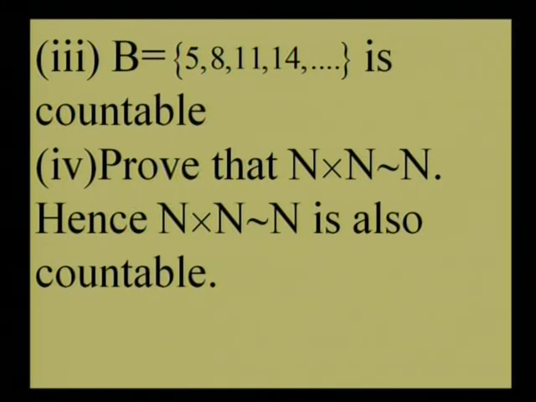5, 8, 11, 14, that I leave it to you, because you can see easily that the third example on the screen is an arithmetic sequence whose first term is 5 and whose difference is 3. So, you can define a function f from N to B, because you know every sequence is a function from N to the given set.